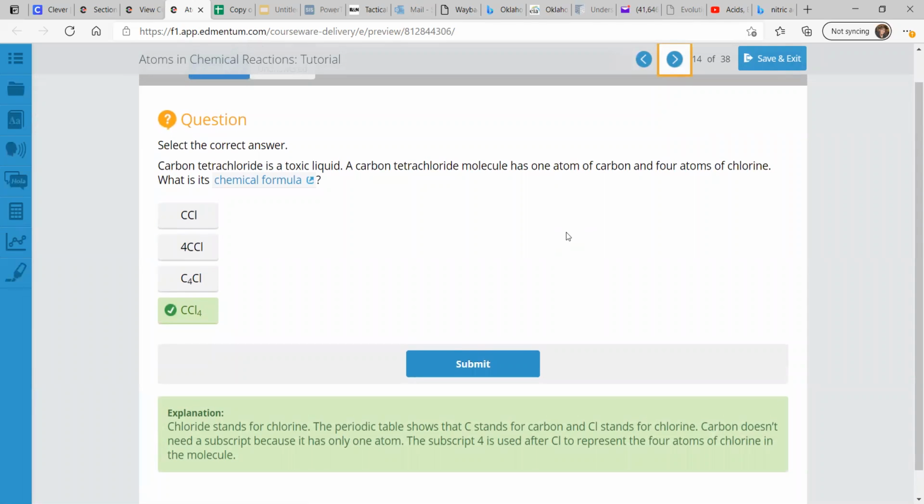Carbon tetrachloride is a toxic liquid. A carbon tetrachloride molecule has 1 atom of carbon and 4 atoms of chlorine. Tetra is a prefix for 4. So you have 1 for carbon and 4 for chlorine.